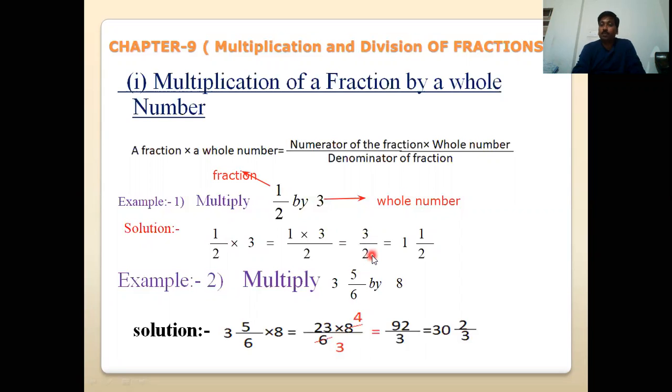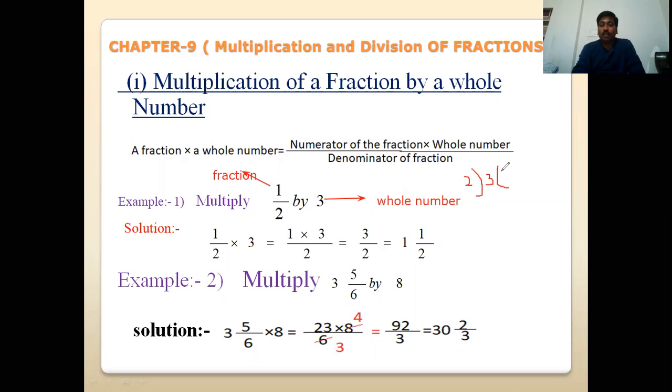Now this is not in standard form, so we can change the improper fraction into a mixed fraction. When we divide 3 by 2, we get 1 as the quotient and 1 as the remainder, and 2 is the denominator. You know very well how we can do it. Listen here carefully. We write 2 and divide 3 by it.